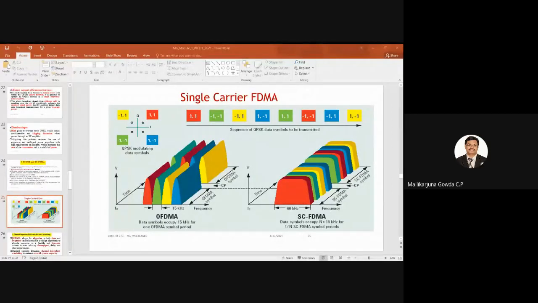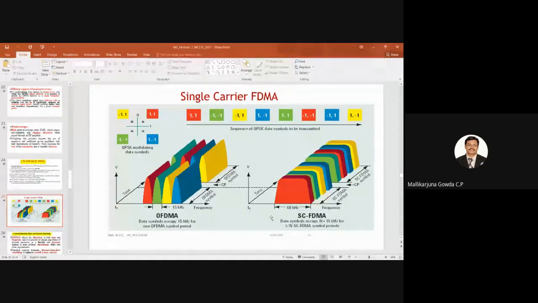Okay. So here the bandwidth allocated in case of SC-FDMA is 60 kilohertz. That 60 kilohertz is fixed for every user. The same amount of bandwidth will be used, but at different intervals of time. So in the time axis, different colors mean different data.